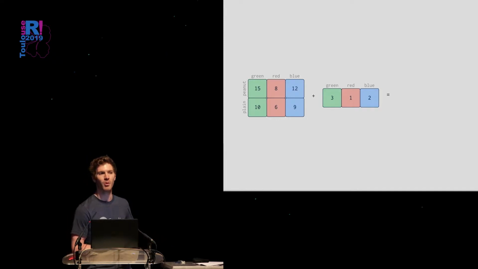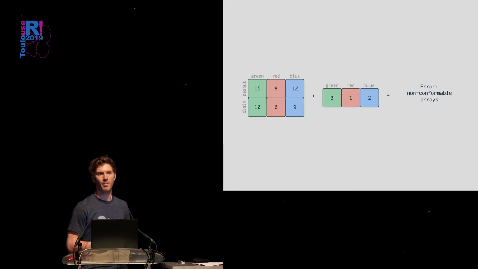Being the great shopkeep you are, you want to add those to your total number of counts to keep good records. So you might make that 1x3 matrix and add it to your 2x3 matrix to get total counts. Do this with base R matrices, and obviously you'll get non-conformable arrays.